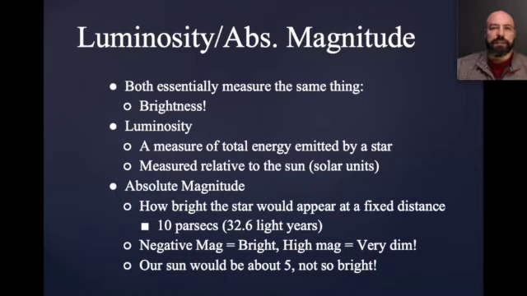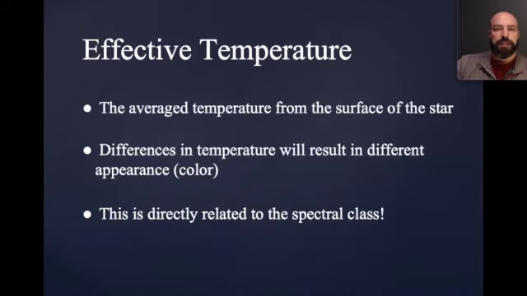So that's basically a way of comparing apples to apples. If we put any star or any object at 10 parsecs away, how would they compare in brightness to each other? Interestingly, absolute magnitude is an inverse logarithmic scale. So we do have negative numbers for very bright things, and the high magnitude is actually dim. So it's opposite of what you would think. Our sun is about a 5.